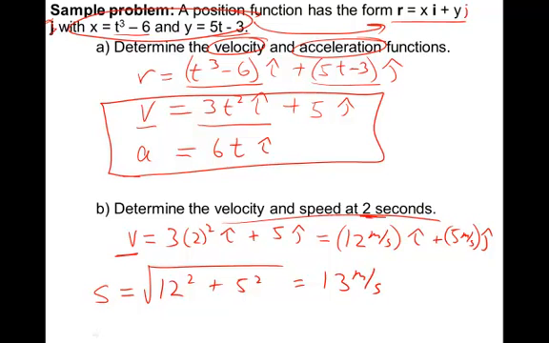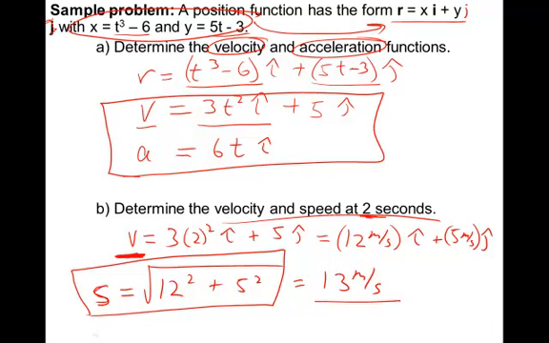So again, the reason we did this is that we were looking for the scalar value of our velocity, the speed of this velocity function. And so we had to go to that equation where we take the coefficients, square them, and take the square root. And that's how we got our 13 meters per second.